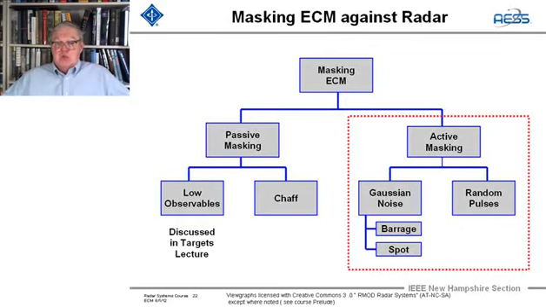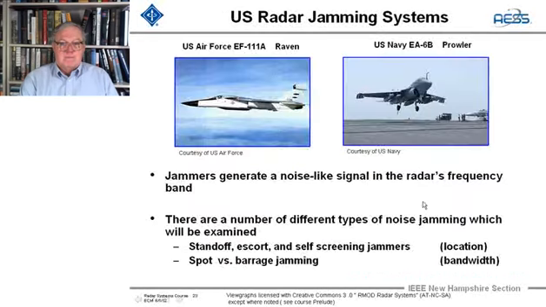We call that barrage jamming. But if you tune your jammer just to the frequency bandwidth of the radar, which is narrower than the whole frequency space available to it, that's called spot jamming. So there are two different forms of jamming, and we'll describe them later on. And then you can also mask the target by transmitting random pulses. And we're going to look at these things next.